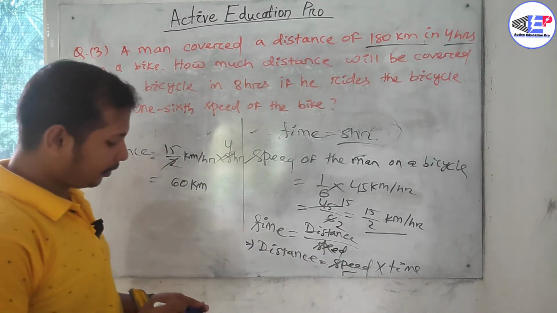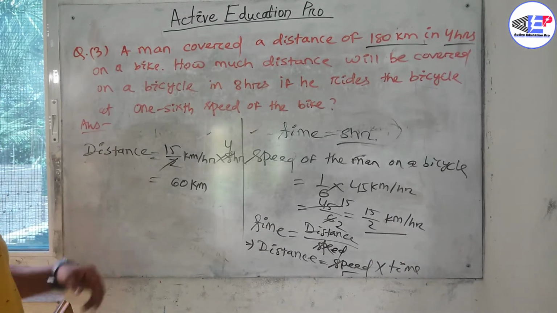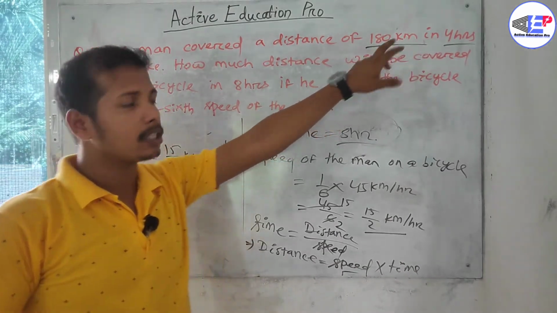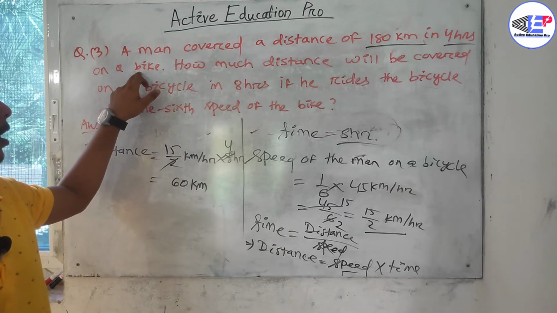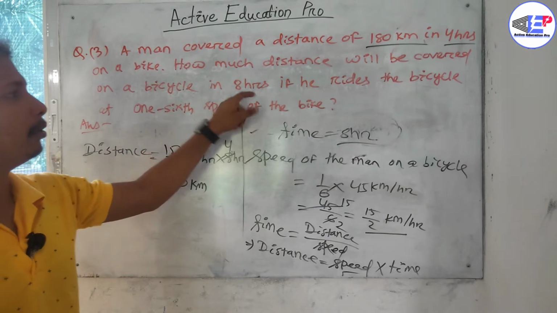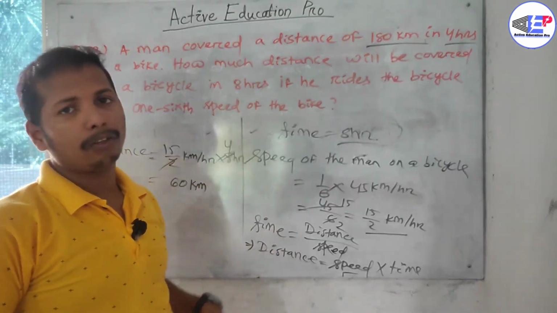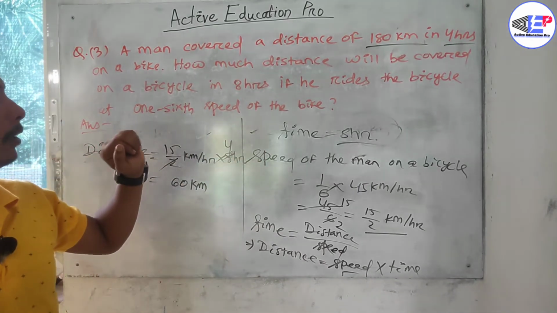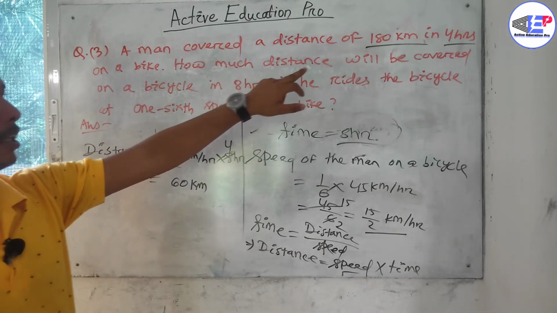I am repeating. The question here is that a man covers a distance of 180 km in 4 hours on a bike. How much distance will be covered by the man on the bicycle in 8 hours if he rides the bicycle with a speed of 1/6 the speed of the bike? So first, it is given that the bike covers 180 km in 4 hours.